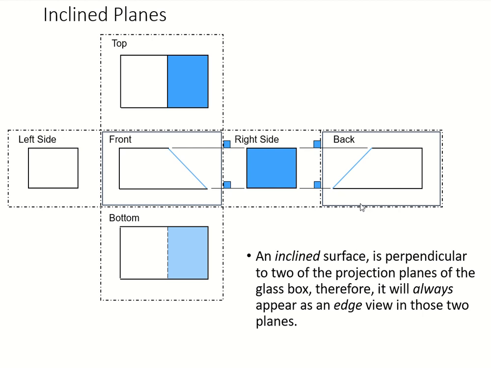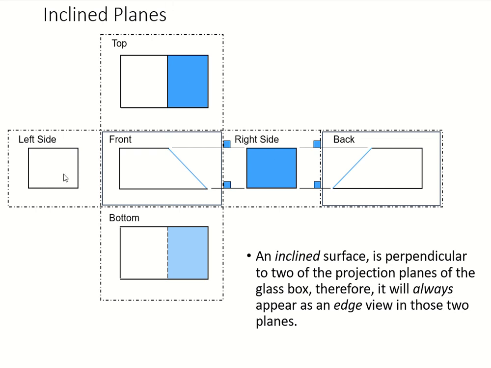Here we can see only the edge, but the points of that are perpendicular to your line of sight. So therefore they're perpendicular to the planes, and it appears as edge view in these two planes. We see them as surface view where they're not perpendicular to the line of sight. There is an angle to it, okay?